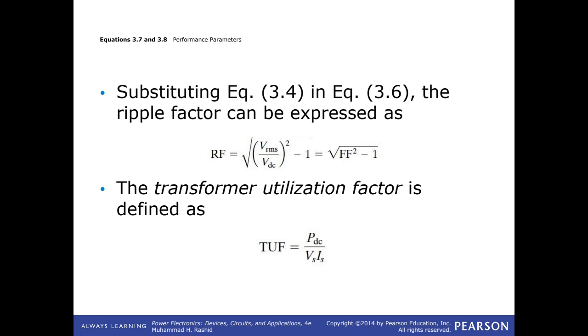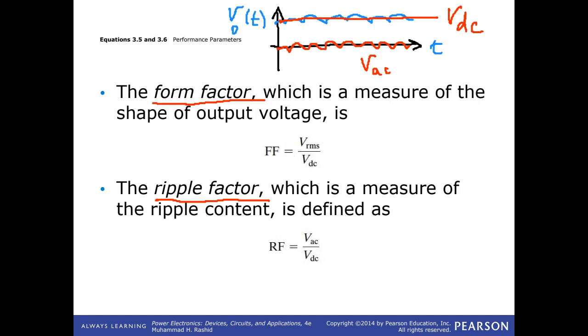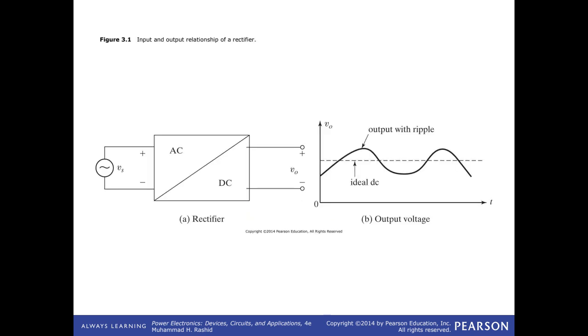Now, I just start from very beginning. We have AC input, follow my cursor. We have an AC input, we have an output which has got that kind of waveform.